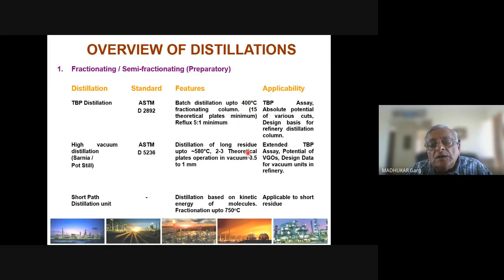If you want to go higher than 360, you cannot do it because the hydrocarbons crack. As a result, we need to go to vacuum. And ASTM D5236 is exactly the same. In fact, it is the same apparatus, only that we can now operate it under vacuum.